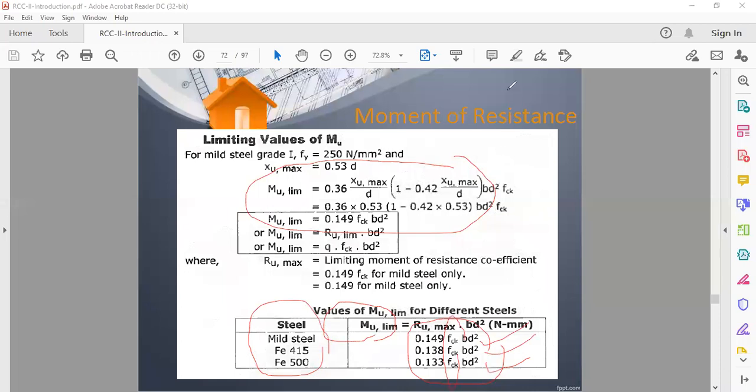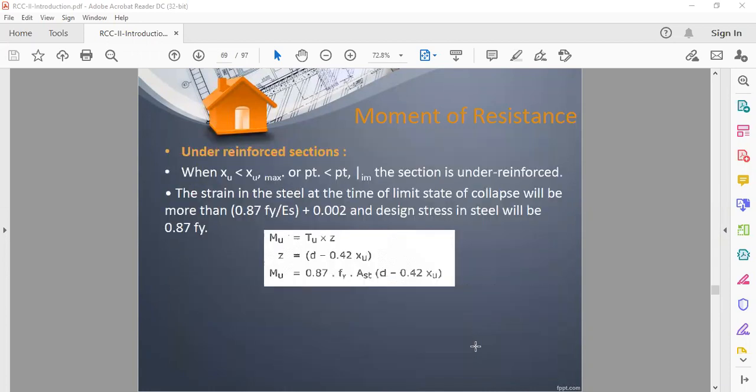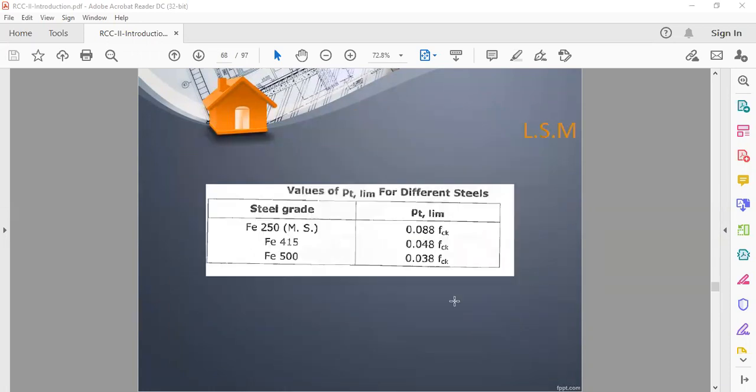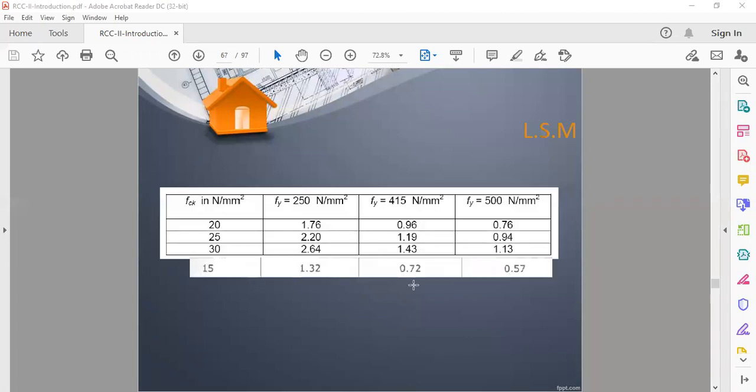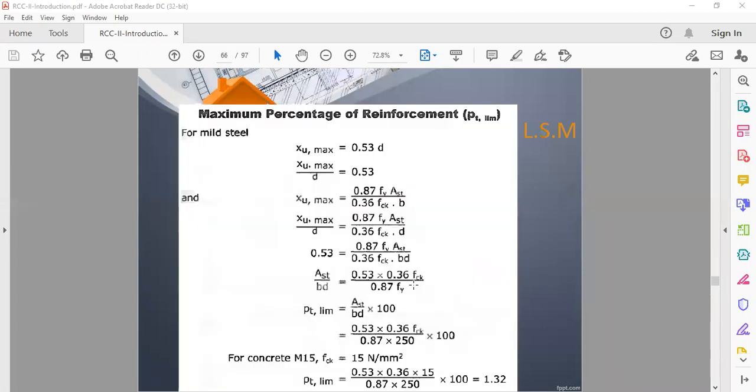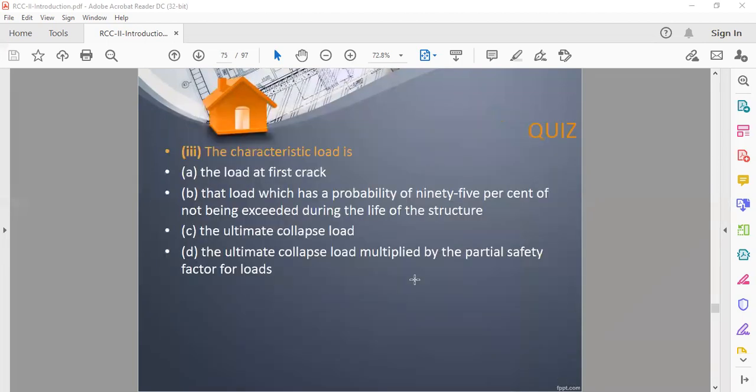So this is the simplified format, again the simplified format of pt limiting. You get it here in terms of fck: 0.088, 0.048, 0.038. So these are the major things which are more important.